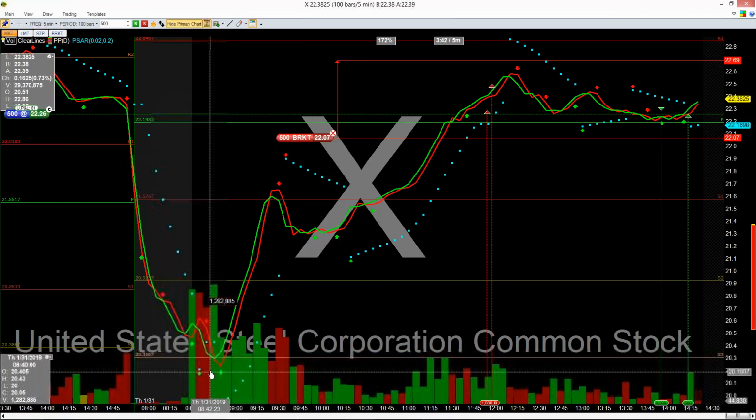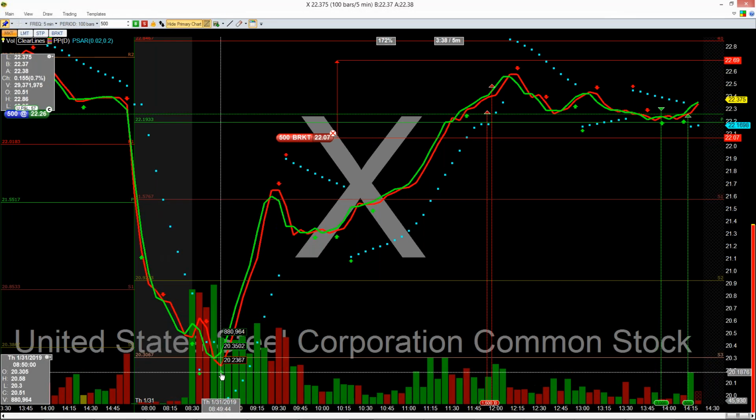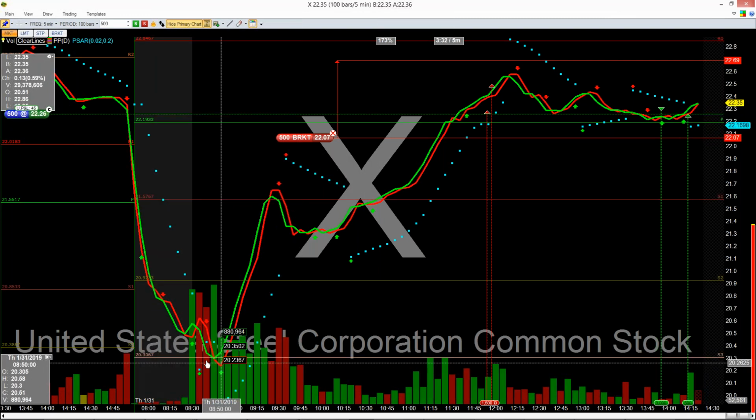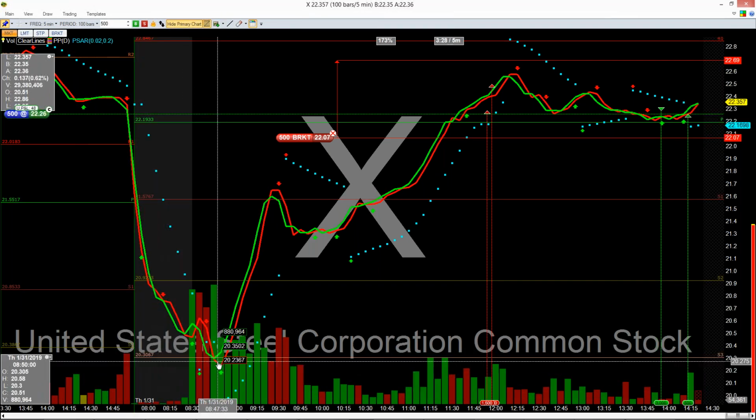So here's a great example, okay? This morning, you had an up arrow on X, okay? That arrow also was right at support 3 at $20 and almost 31 cents.